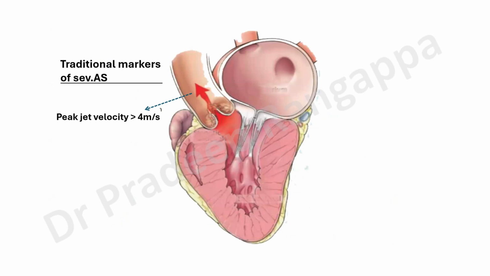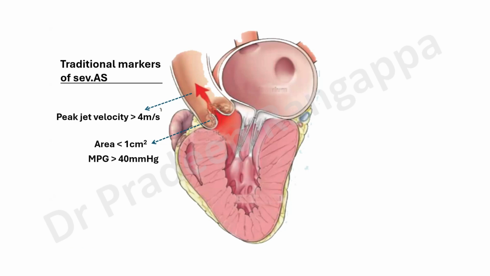So the peak jet velocity is more than 4 meters per second. It can be looked at as severe aortic stenosis, or when the area of the aortic valve is less than 1 centimeter square, you call it severe aortic stenosis. And mean pressure gradient, if it is more than 40 millimeter mercury, we call it severe aortic stenosis.